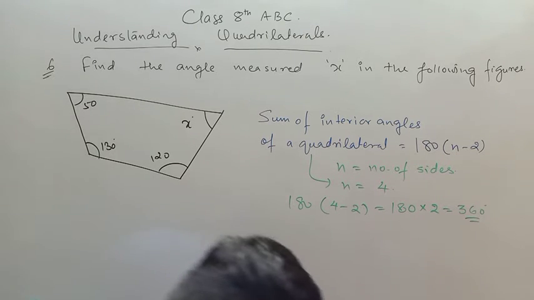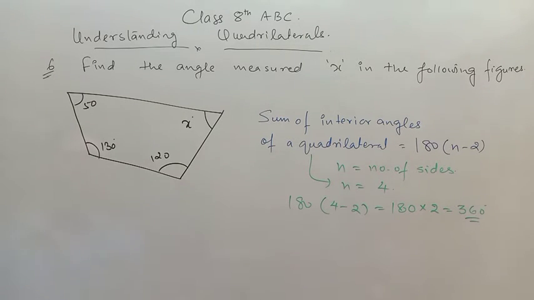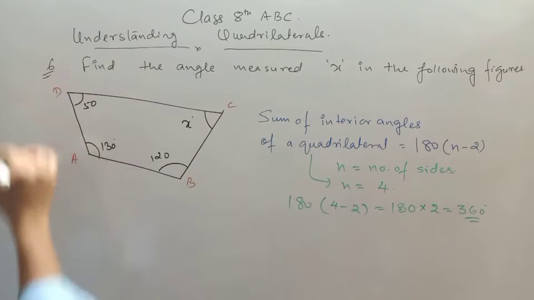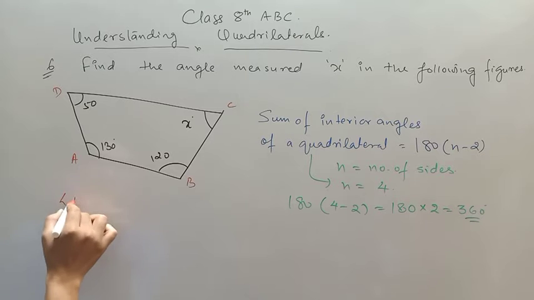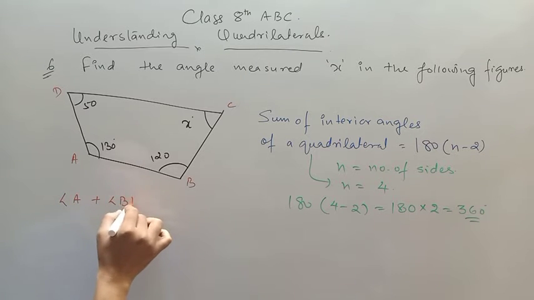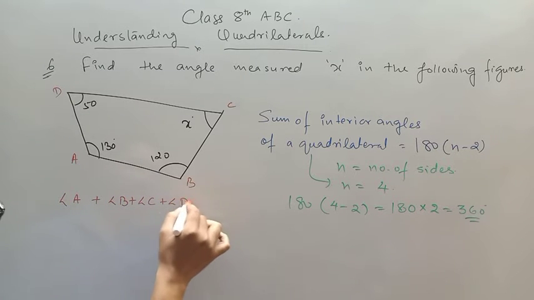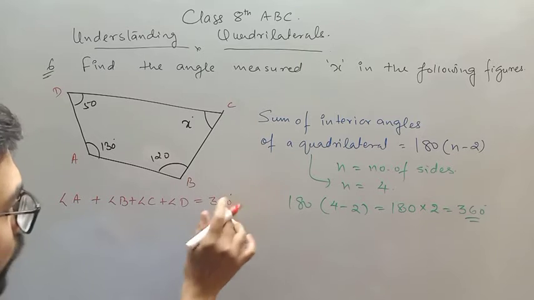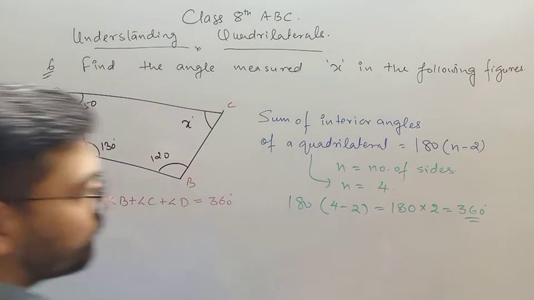Now what will you do? Let's say I label these angles A, B, C and D. You will say angle A plus angle B plus angle C plus angle D is equal to 360. Why 360? I have explained it here, right?